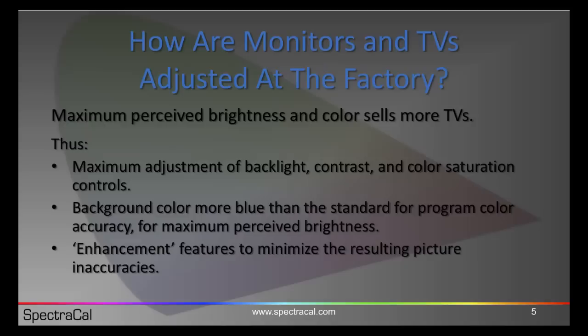They will increase the color saturation controls higher than an accurate setting. They will set the background color of the display to be more blue than the standard in order to make the display have a higher perceived brightness level, since the human eye sees blue as being brighter. And then in order to help minimize the resulting picture inaccuracies from some of these misadjustments, they add in other enhancement features.